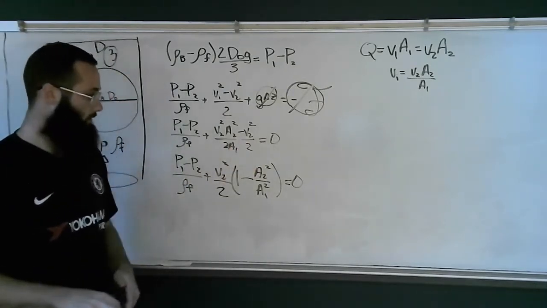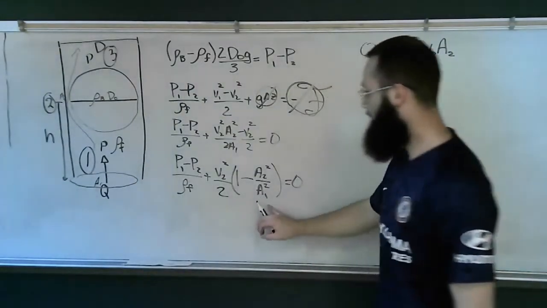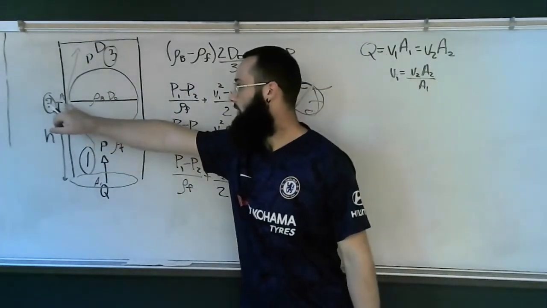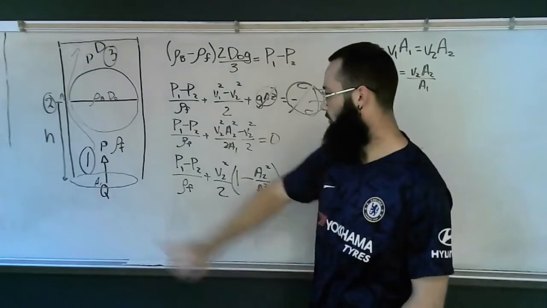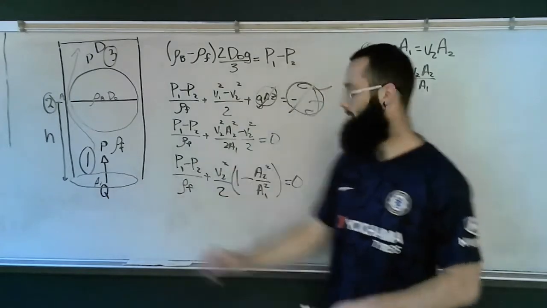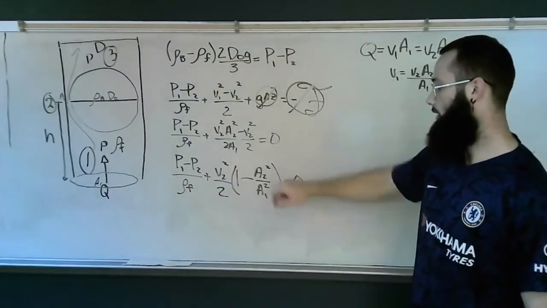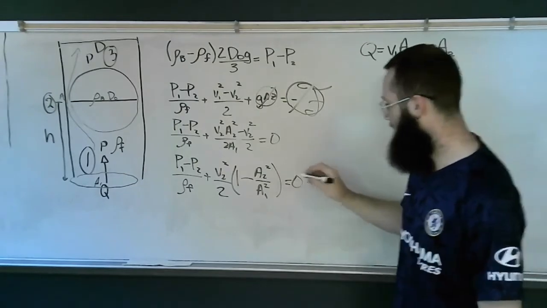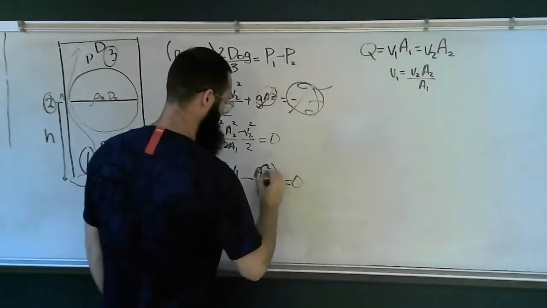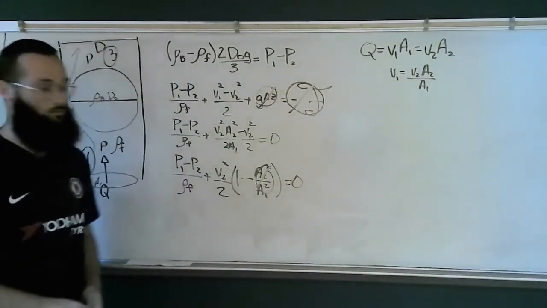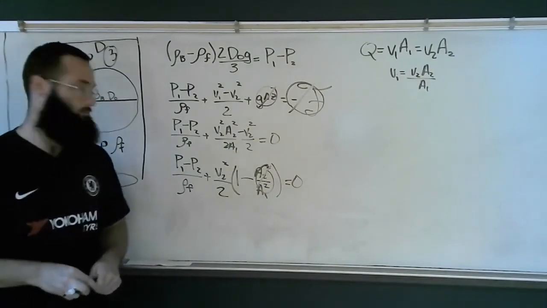Now we can look at the areas. A2 is going to be so much smaller than A1, and they're both squared. Because A2 is on top, this term is going to be approximately 0.